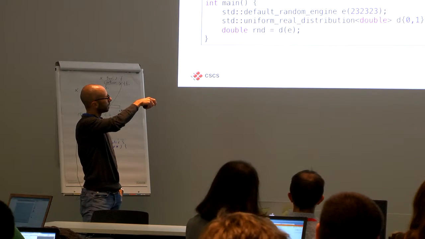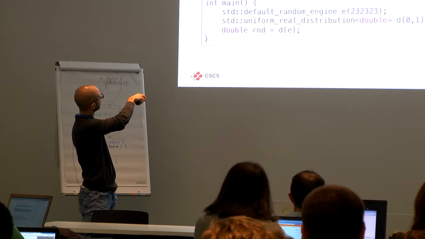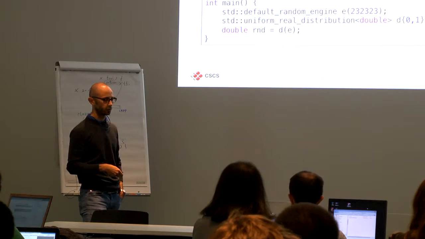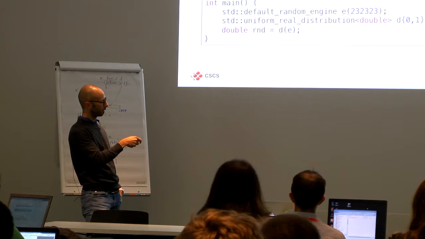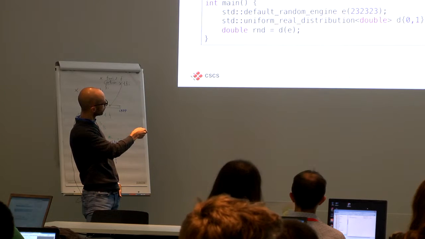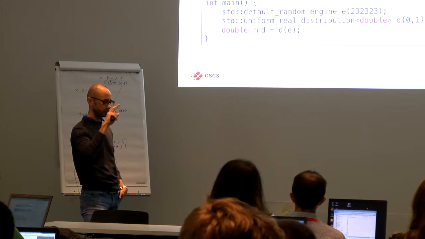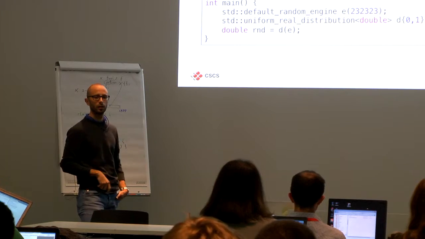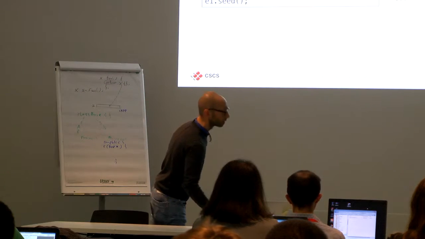Then you have to create an object representing your distribution, which in this case is a uniform real distribution, so that we reproduce the previous example. We are using the constructor providing the range for the generation of the random numbers. And then to generate a random number, you make a call to the parentheses operator of this object, which takes in input the random engine. And that's it. So what about the engines?